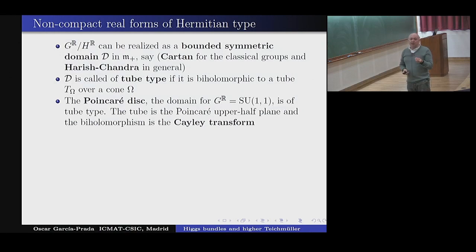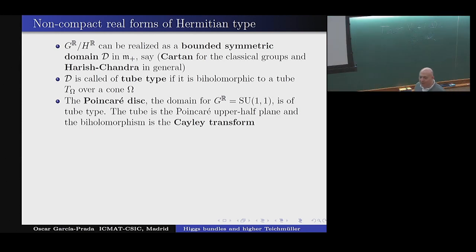And the fundamental example to have in mind is precisely the case of SL2R, actually thought of as SU(1,1), where the bounded symmetric domain is the Poincare disk. And of course, the Poincare disk is isomorphic to the upper half plane, as we all learned when we learned one complex variable, right?